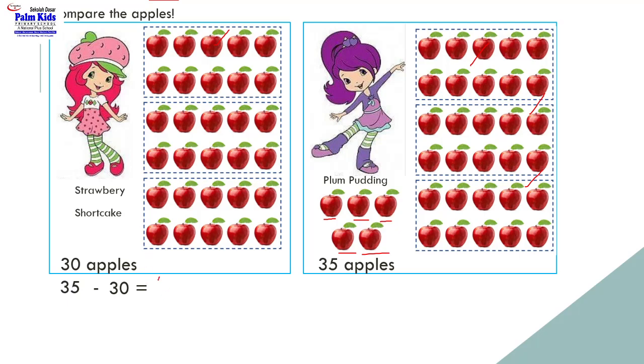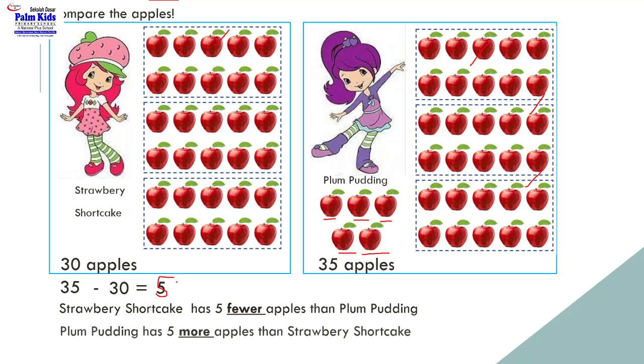There are 5 differences. Okay, next, you write that Strawberry Shortcake has 5 fewer apples than Plum Pudding, while Plum Pudding has 5 more apples than Strawberry Shortcake. Okay, class?